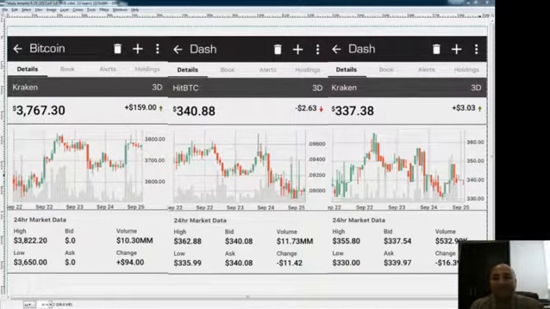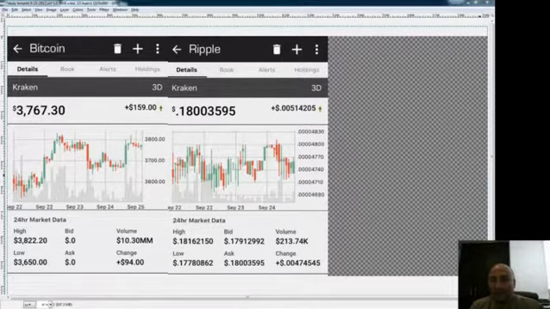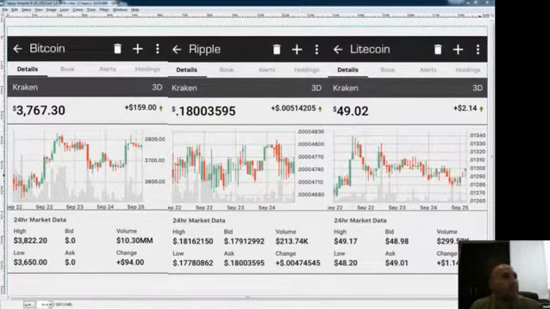All right, so that's how we have Ripple. Now let's see. LiteCoin in correlation to what? To Bitcoin.